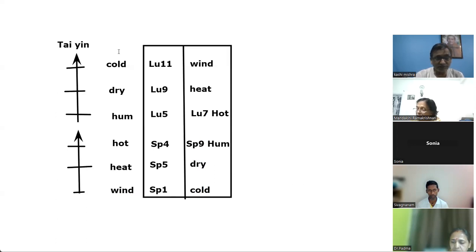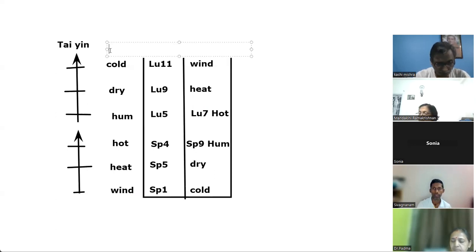So what we have seen now is normal flow, and this is the opposite flow.